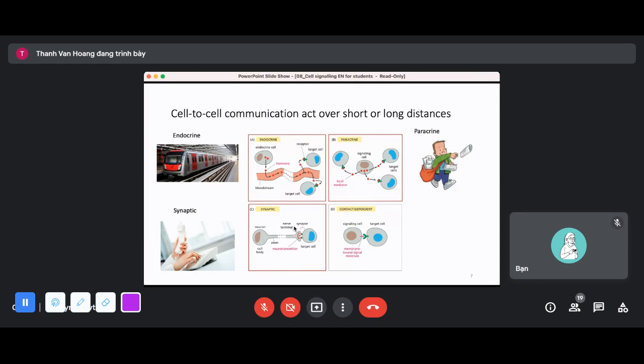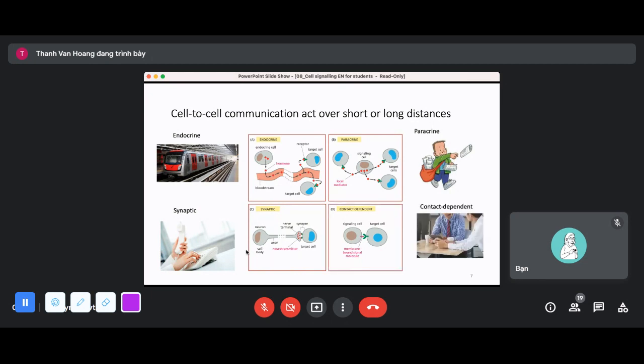Something like when we call somebody using a mobile phone, we need internet, we need Wi-Fi, or something that we can use. We need a system that allows us to make a call, for example. And it happens very quickly, which is the advantage.